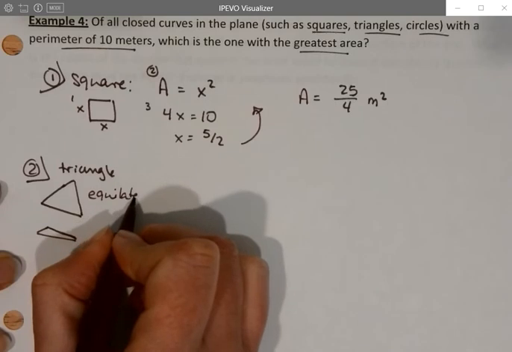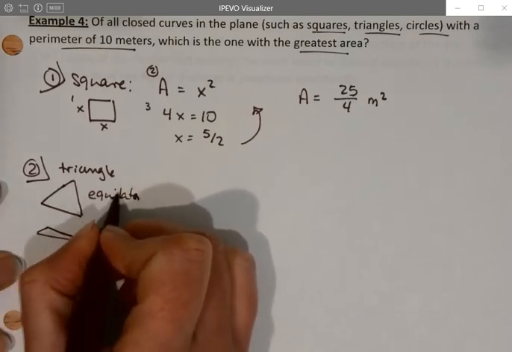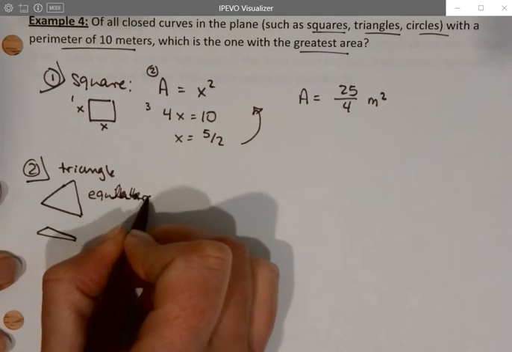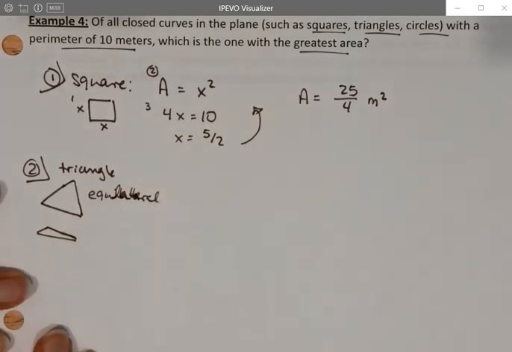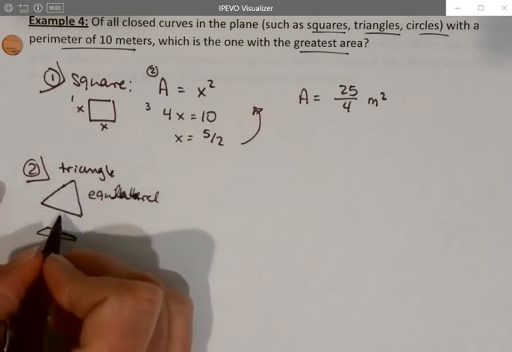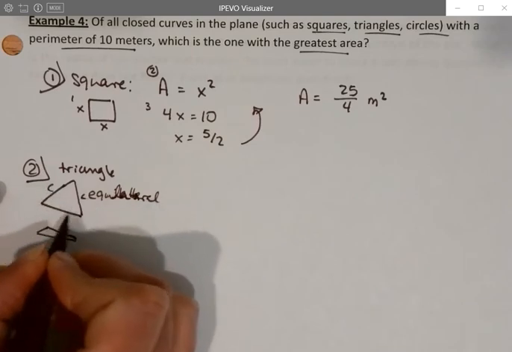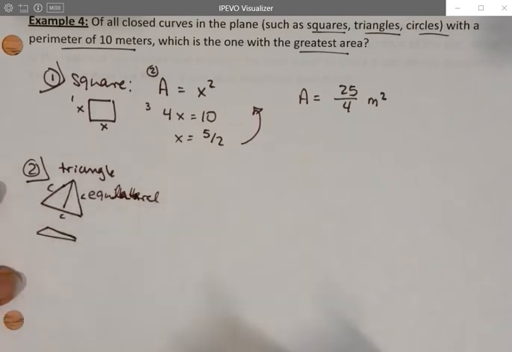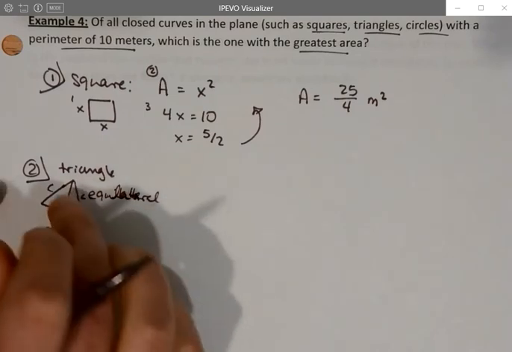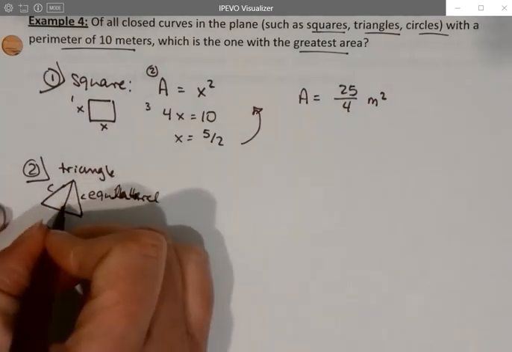So we can argue that we are looking at an equilateral triangle, and if these sides are called, say, C, and then I want to find its area, I'm going to have to find the height, which I could find with the Pythagorean theorem.